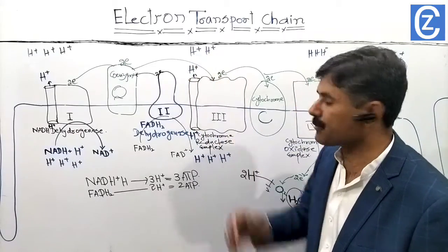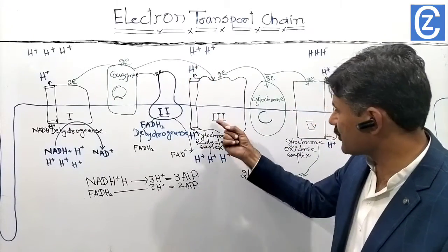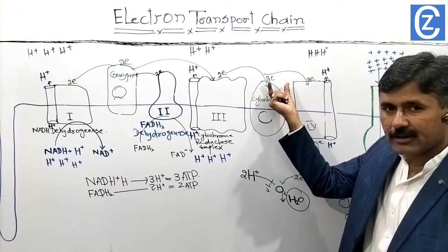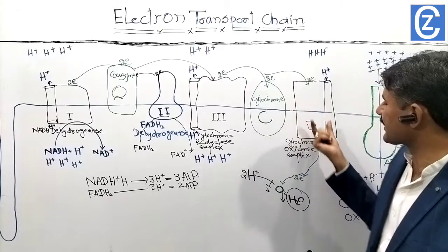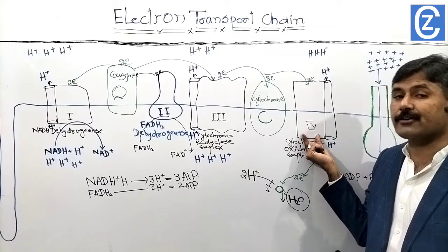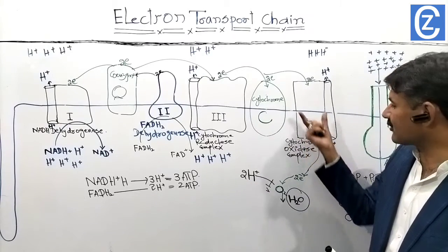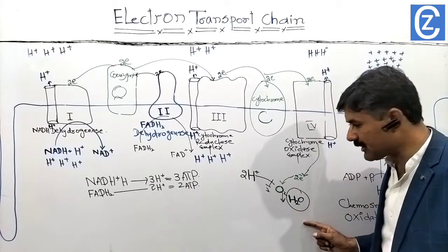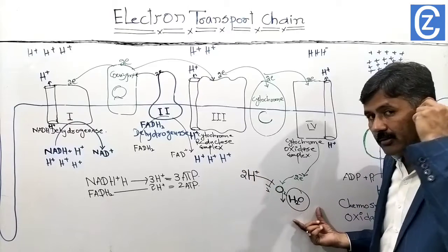And this coenzyme Q can then give these electrons to another complex that is called cytochrome reductase complex, otherwise complex 3. And when it's receiving electrons, it's pumping electrons in one way and it pumps protons another way. This is another place where protons have been pumped. Electrons move from complex 3 to cytochrome C complex, but here no pumping of protons is taking place. Cytochrome C transfers these electrons to cytochrome oxidase complex. And cytochrome oxidase complex will receive electrons, transfer them towards oxygen, and it will take protons and make water.